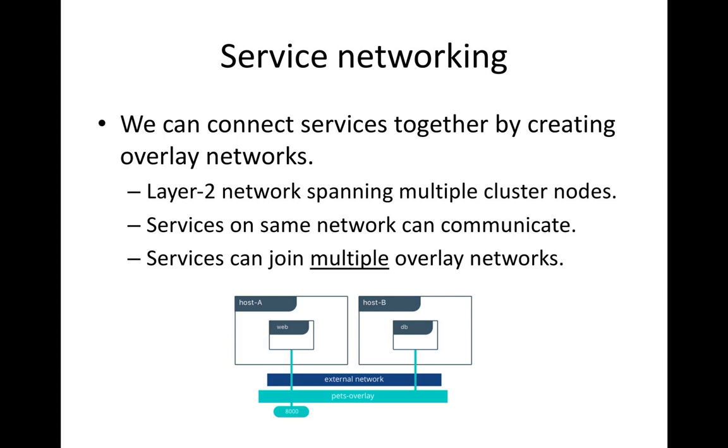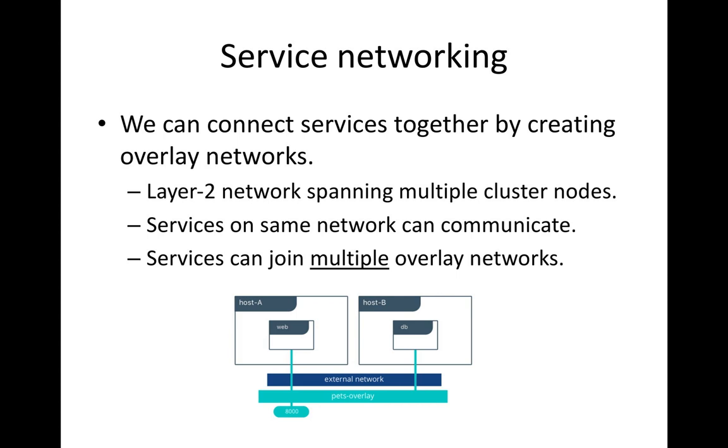And so we need a way to be able to run containers within a Swarm cluster. And these containers are all running within a private Docker network. We need a way to be able to connect all these containers together. And so using the overlay network, we can create this layer 2 network, this virtual network, which spans across all of our EC2 instances.